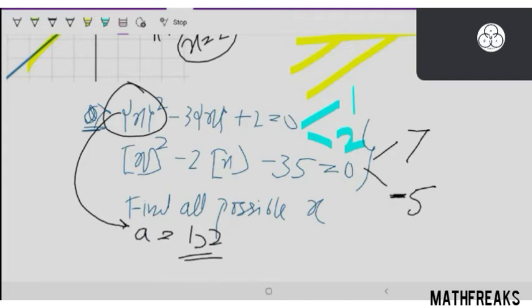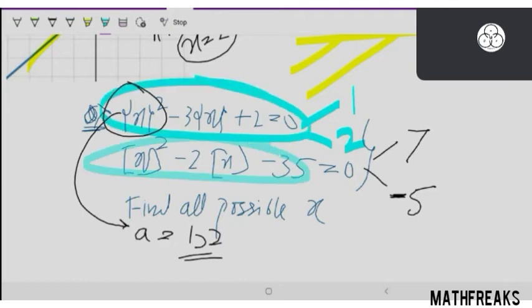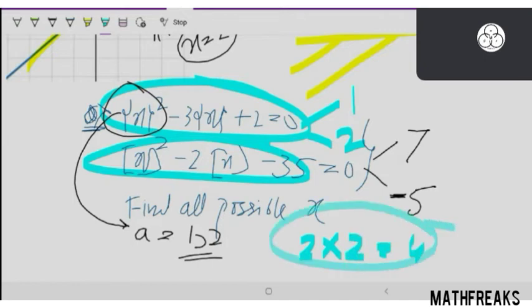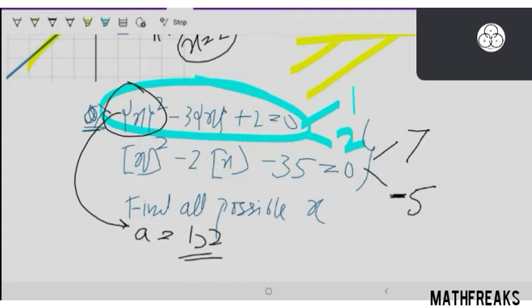Now the interesting thing is that some would say that x should have 4 values, because here we are getting 2 real roots and here we are getting 2 real roots, so the possible values of x are 2 into 2, 4. Or they will add them up and give the values of x. Interesting thing is that we are getting curly x equals 1 and 2, and curly x is always greater than or equal to 0 and less than 1.